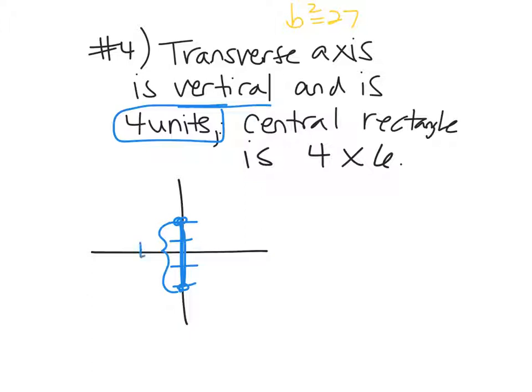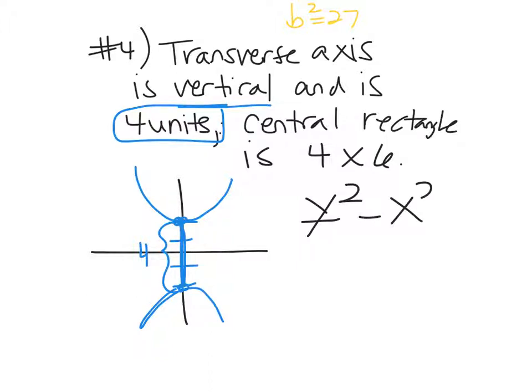That makes a total of 4. Okay, so the transverse axis is vertical. That means our hyperbola looks like that. Which means it's going to be y squared minus x squared this time. Y squared first minus x squared.